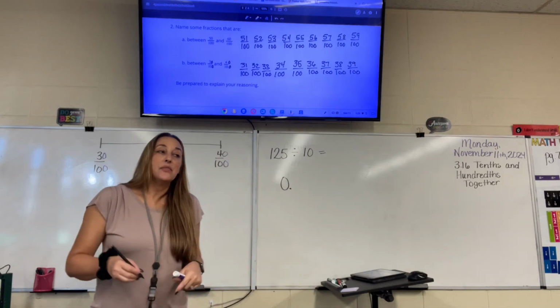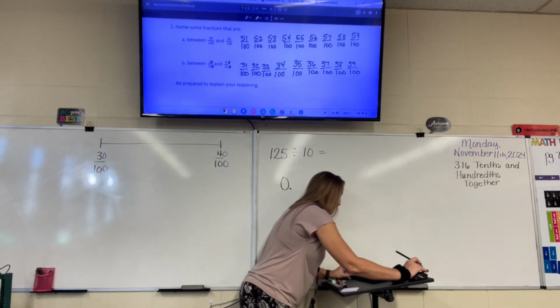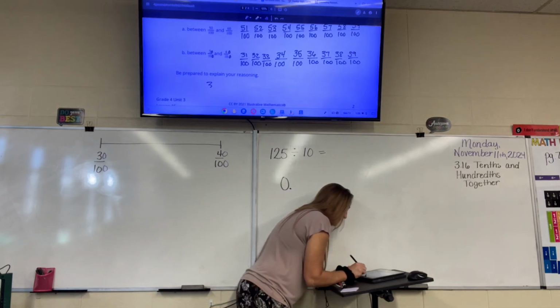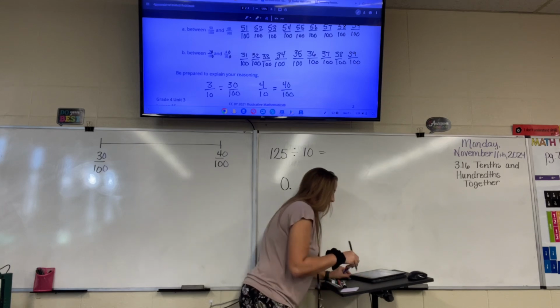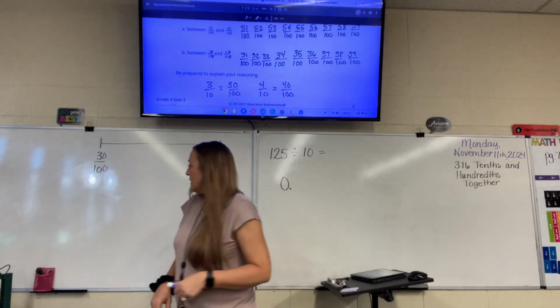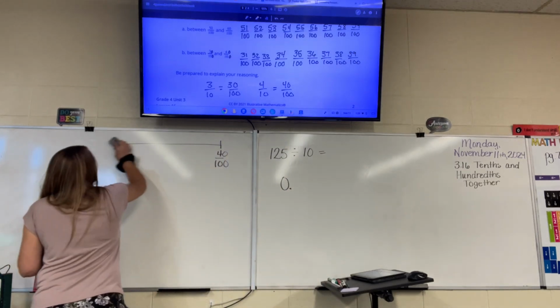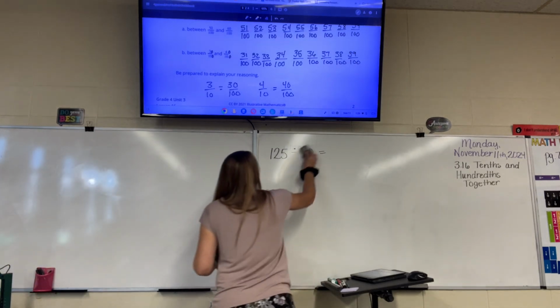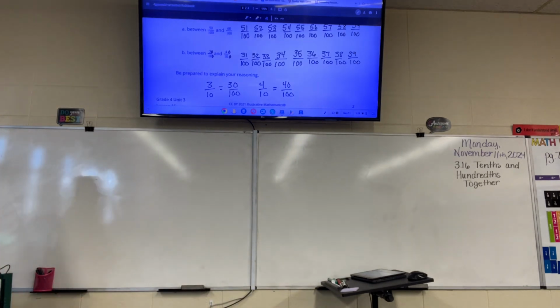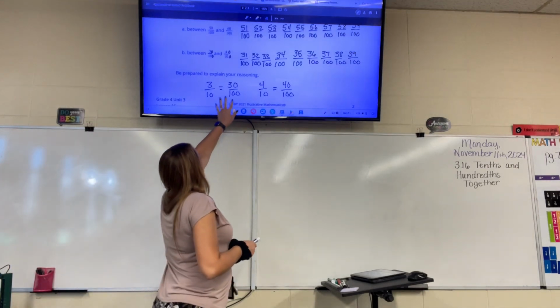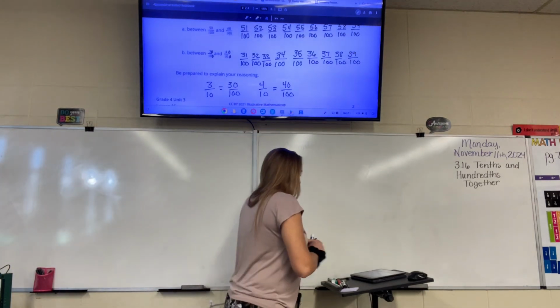All we need to write on this one is to explain that 3/10 is equal to 30 hundredths and 4/10 is equal to 40 hundredths. We're getting ready to go on, so those of you that don't have this written down need to hustle it up. All right, so 3/10 equals 30 hundredths and 4/10 equals 40 hundredths.